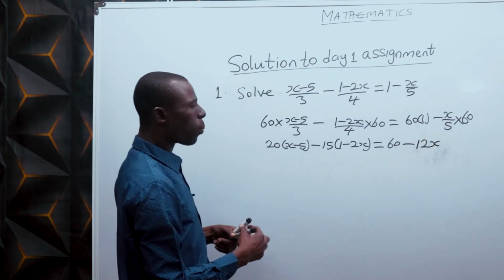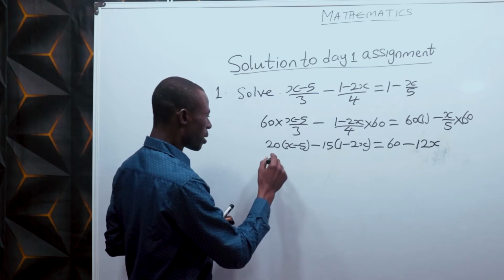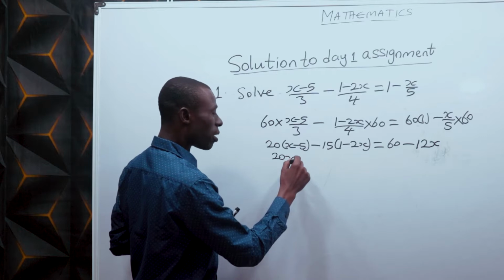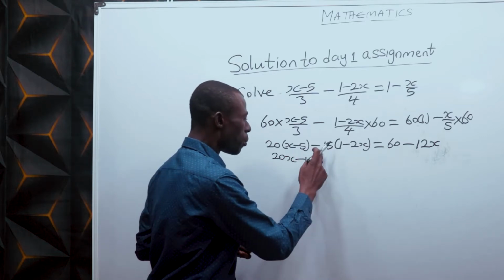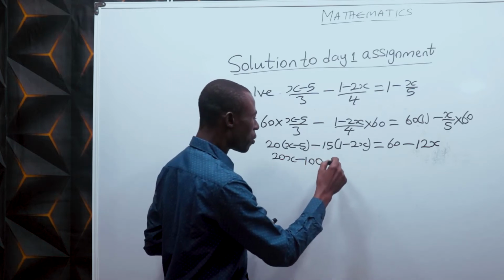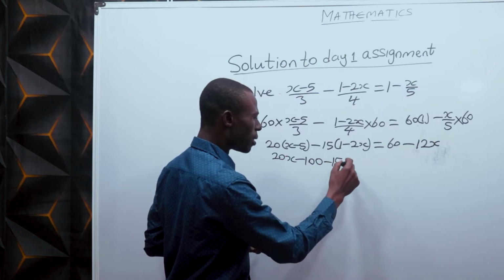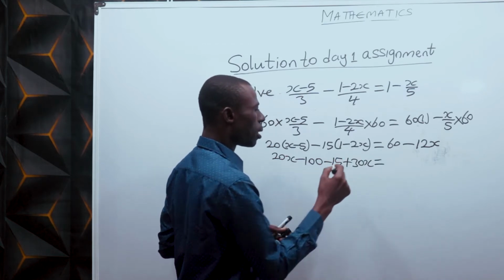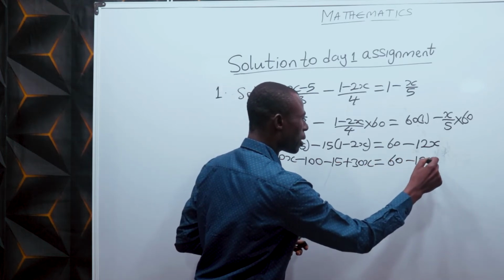From here, we open the bracket. 20 times x gives 20x. 20 times minus 5 gives minus 100. Minus 15 times 1 is minus 15. Minus 15 times minus 2x, that's plus 30x, which is equal to 60 minus 12x.